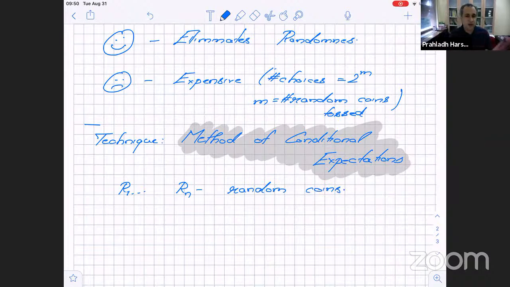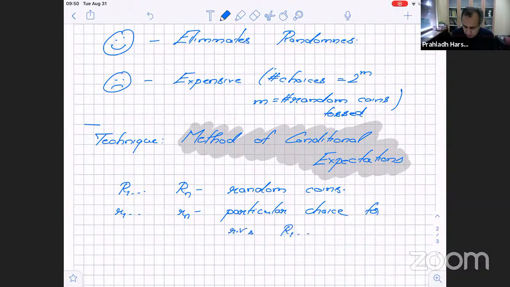Capital letters typically refer to random variables, and small letters refer to instantiations of these random variables. So when I say r1, r2, ..., rn, this is a particular choice for the random variables, in this case, the random coins R1, R2, ..., Rn.